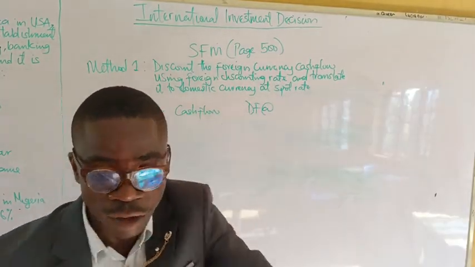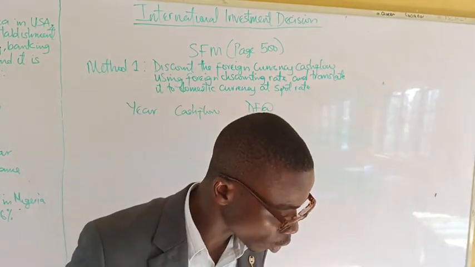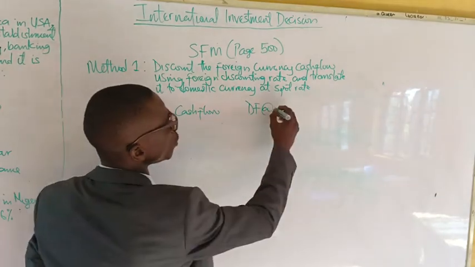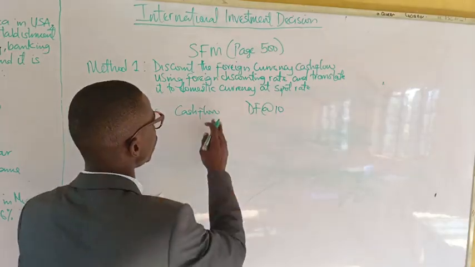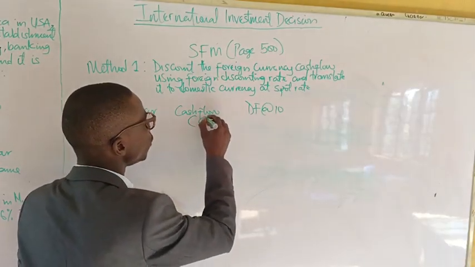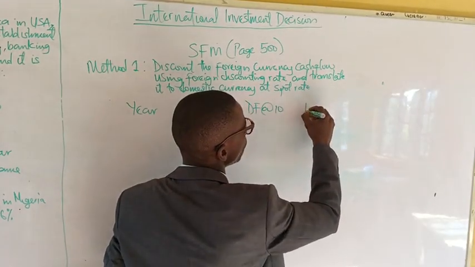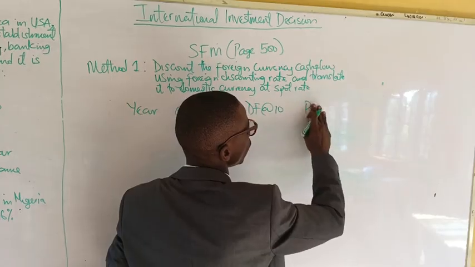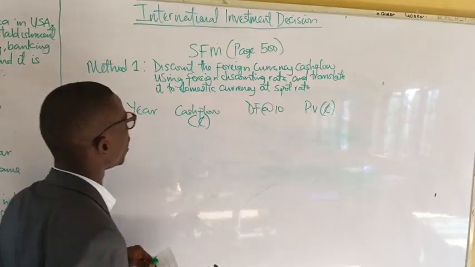And the foreign discounting rate in that question is what percentage? 10%, thank you. Don't forget that the cash flow is in cedis. And we will now find the present value, which will be in cedis also. But let's do that first.